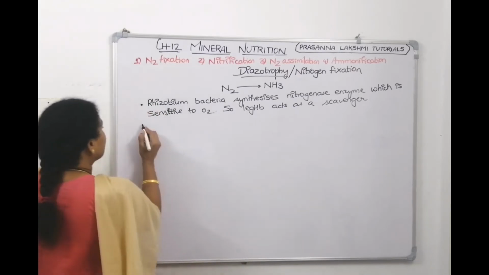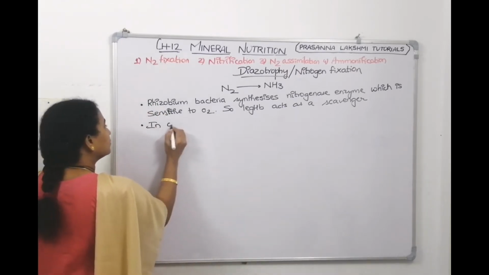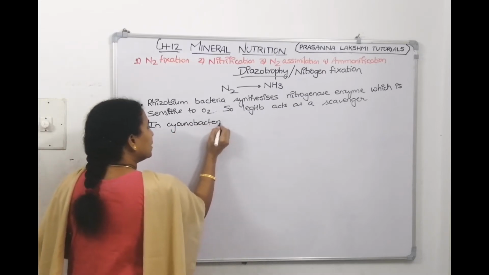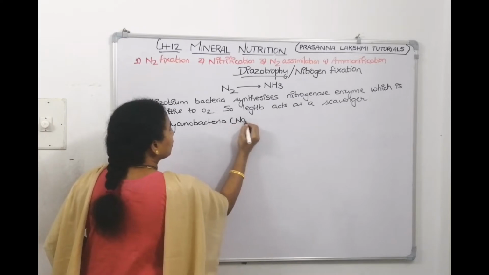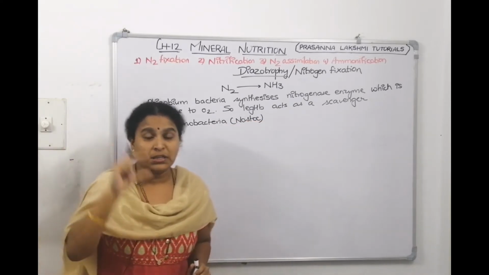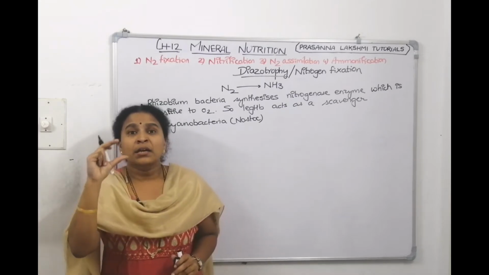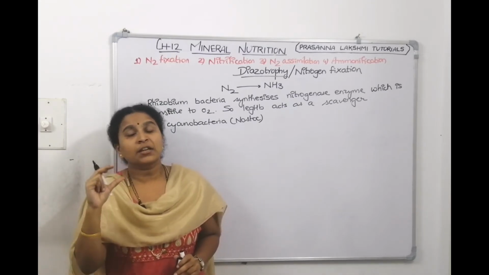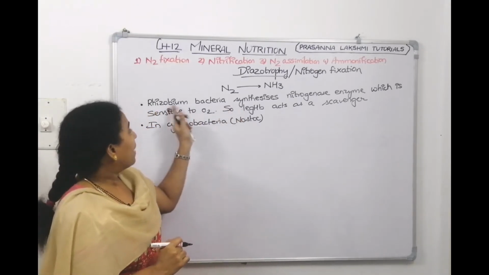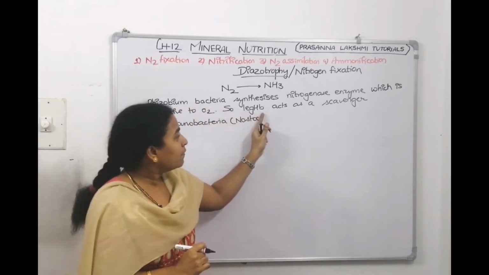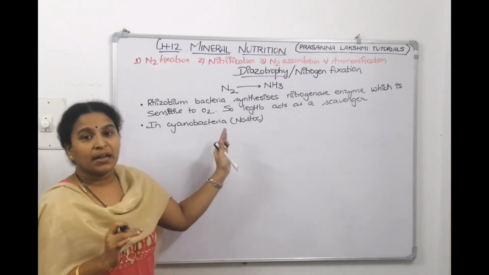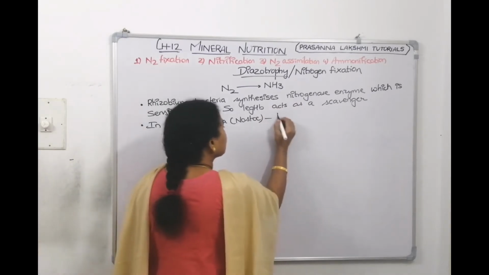In cyanobacteria, for example Nostoc, there are certain structures called heterocysts. In cyanobacteria, heterocysts will protect the nitrogenase enzyme from oxygen. In bacteria, leg hemoglobin will protect the nitrogenase enzyme from oxygen.